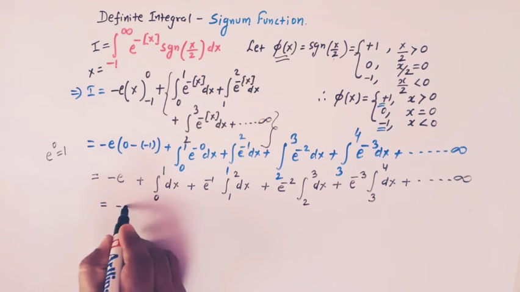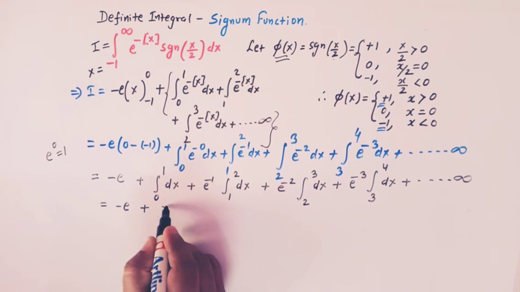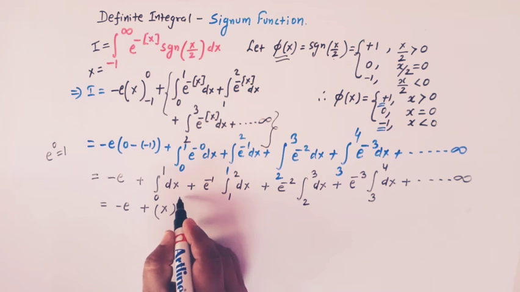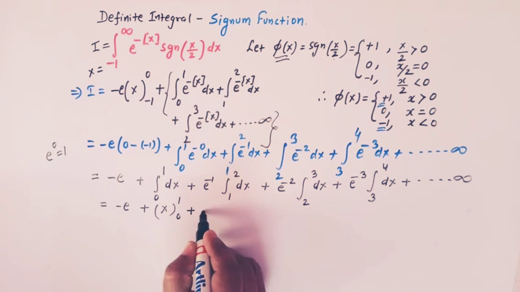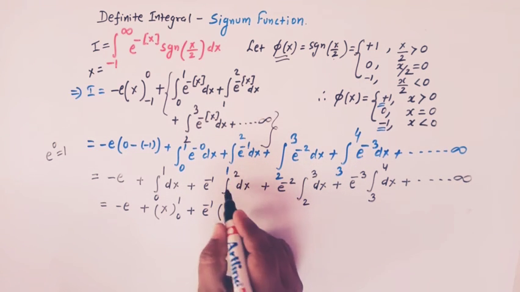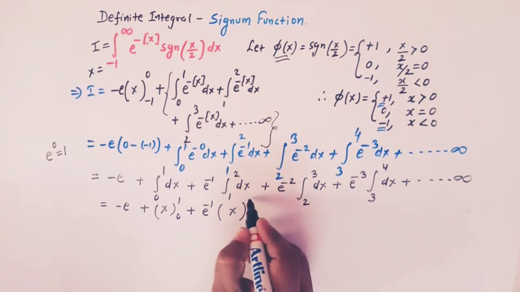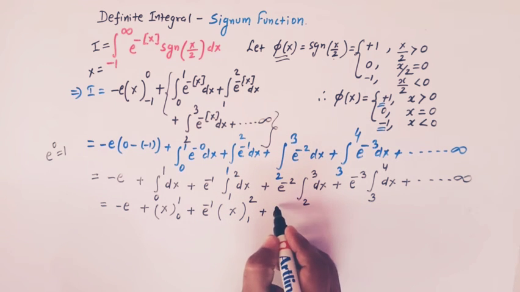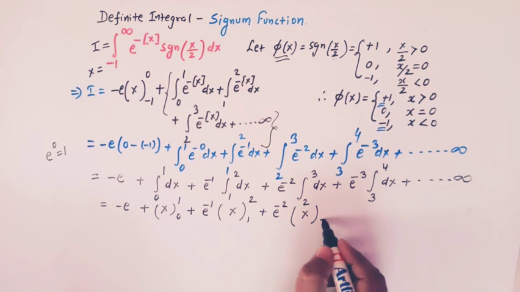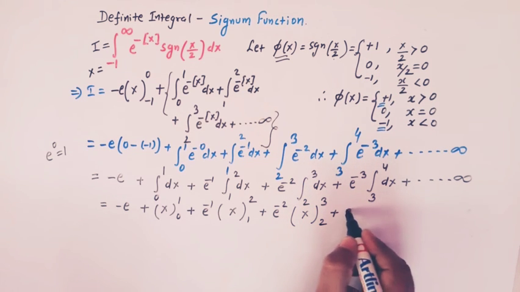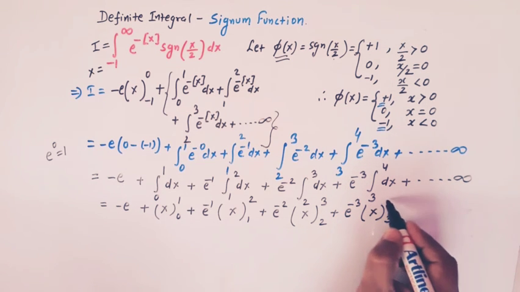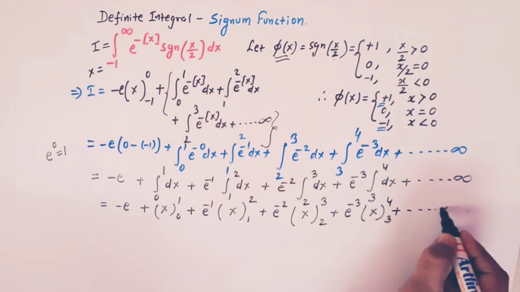Okay, so now we have minus e here, and here we have x. Limits are from 0 to 1, and then we have e raised to minus 1, and the integral of dx is x. Limits are from 1 to 2, then we have e raised to minus 2, and the limits are from 2 to 3. Then we have e raised to minus 3, the limits are from 3 to 4, and so on, right?